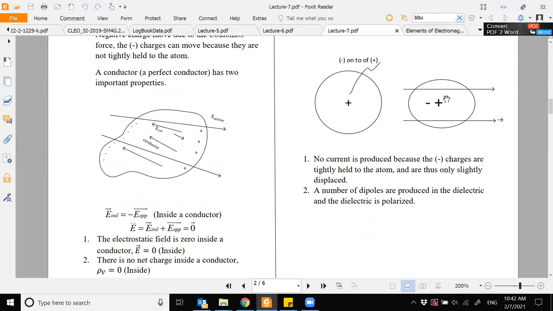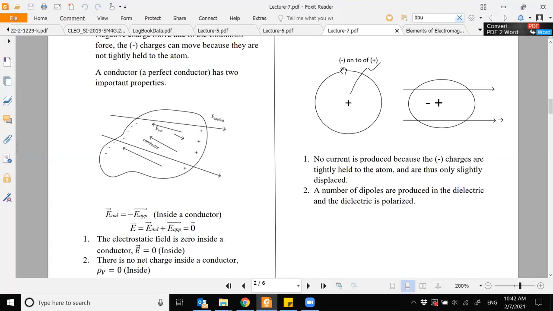But this slight displacement creates what are called dipoles, which we studied in our previous class. A negative charge and a positive charge are held together with a small distance between them, d.